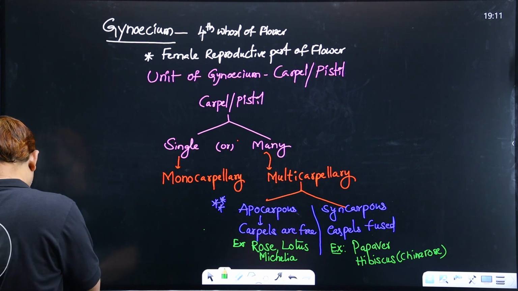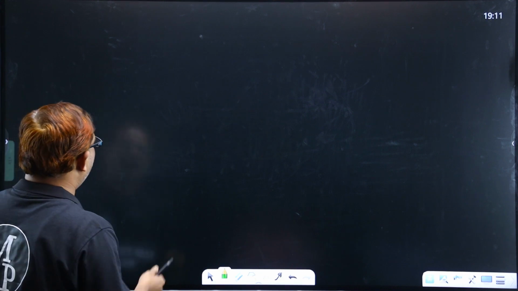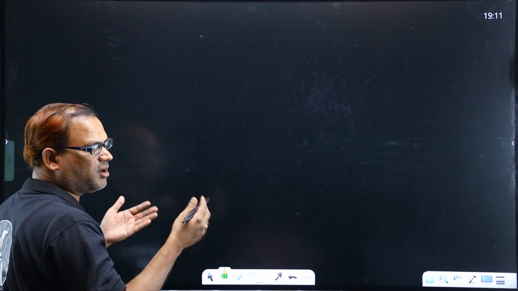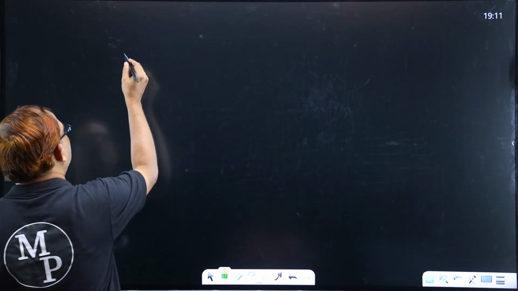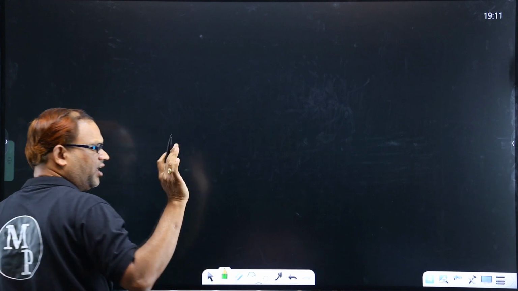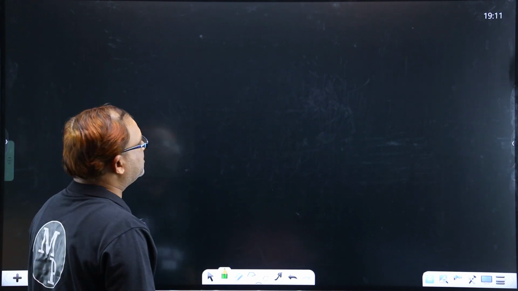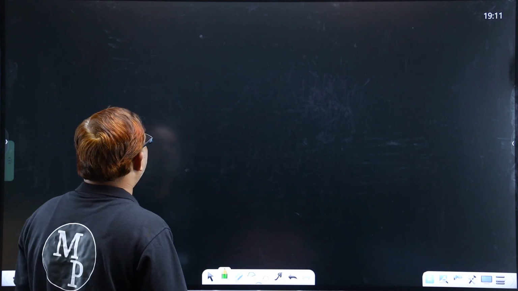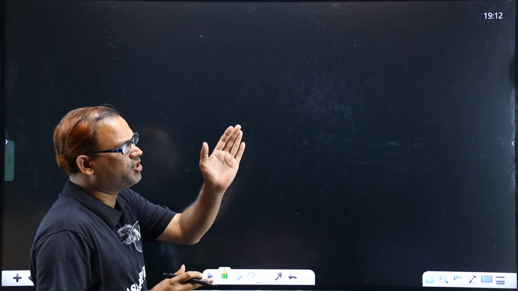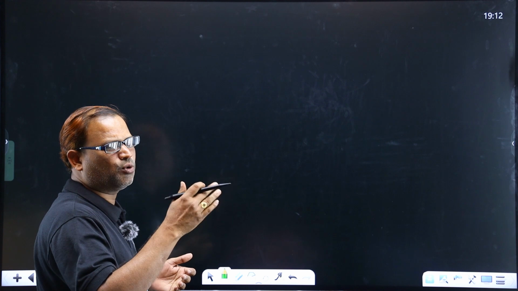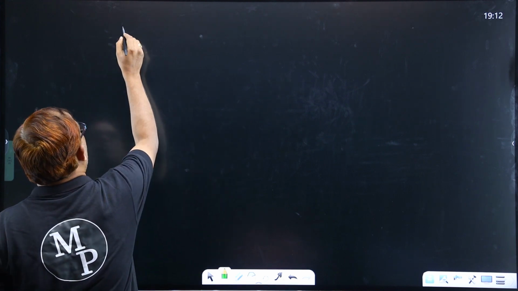Now, what is the carpel? See the diagram of the carpel. Before going to the parts of the carpel, a very important point, a questioning area: carpel or pistil is equivalent to the megasporophyll.